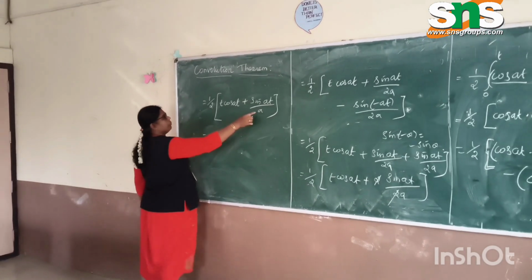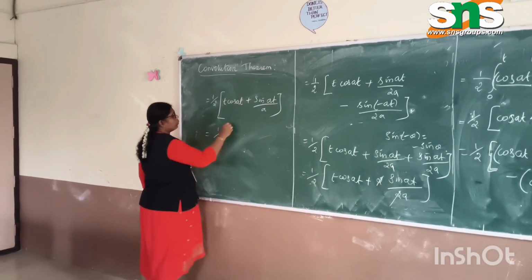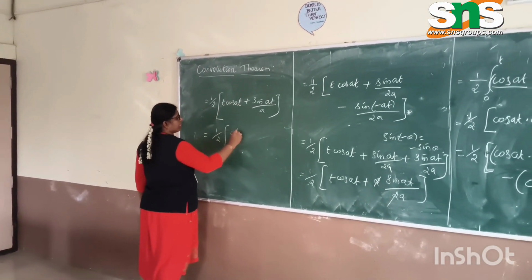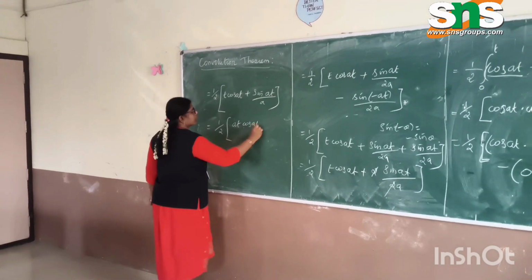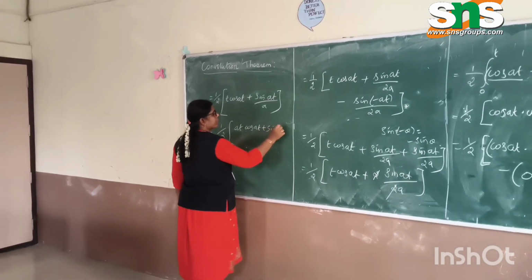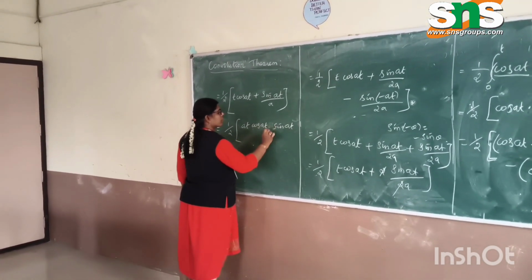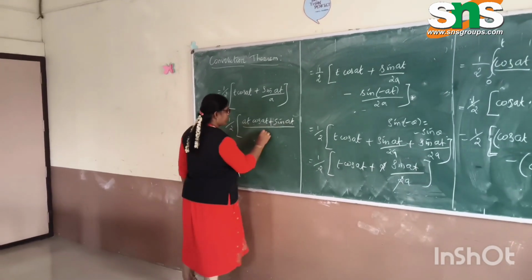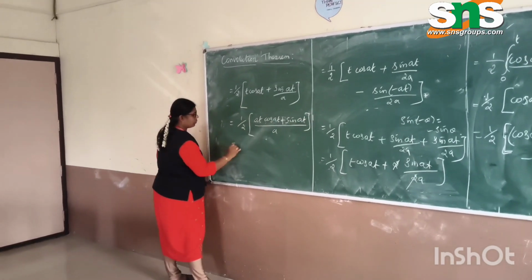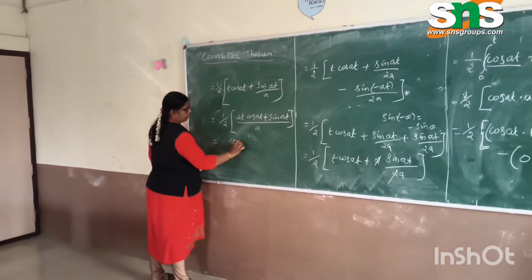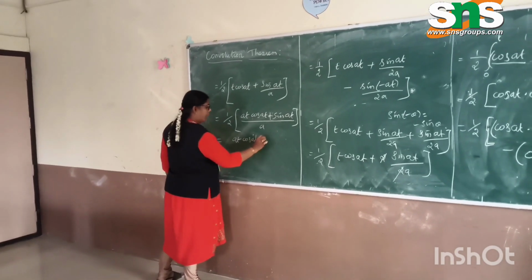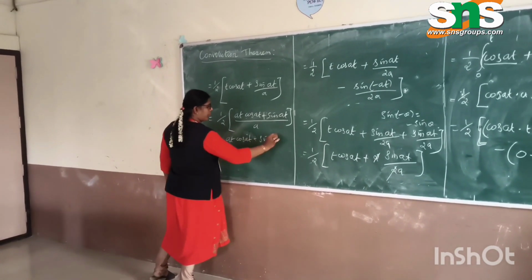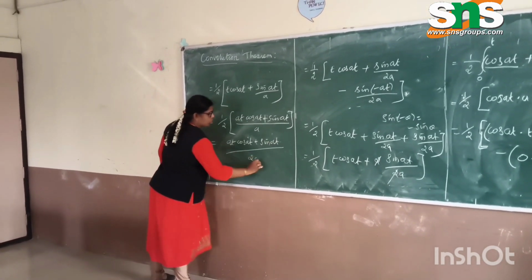Now take the LCM: 1 by 2 at cos at plus sin at by a. The final answer is at cos at plus sin at divided by 2a.